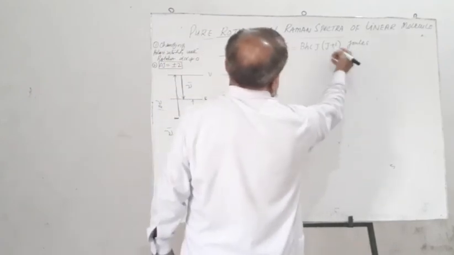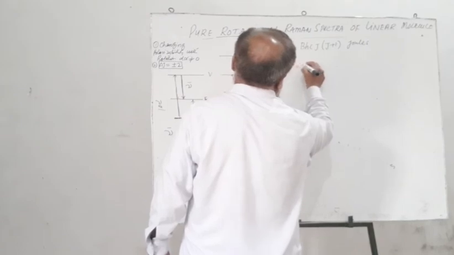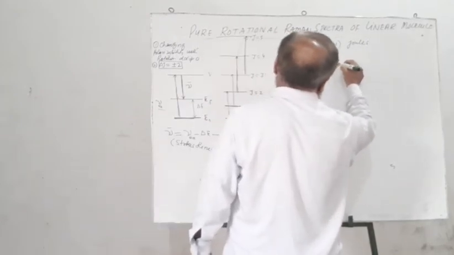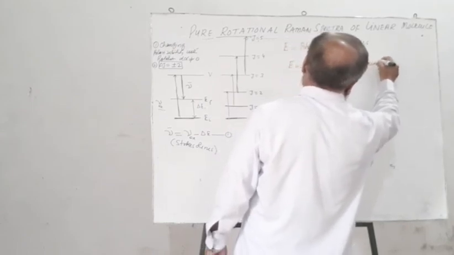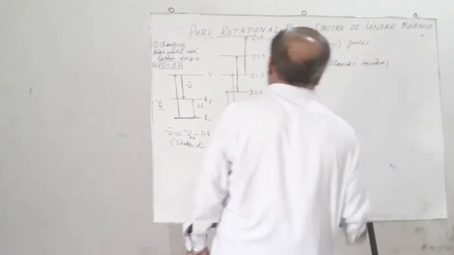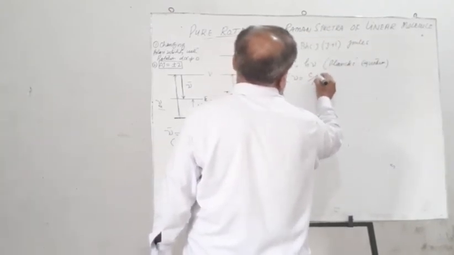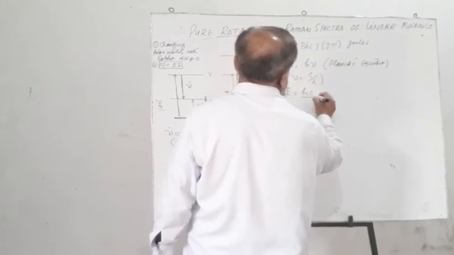Now to convert it into per centimeter, we know that E is equal to h nu, which is Planck's equation. We know that nu is equal to c by lambda. Therefore, E is equal to hc by lambda.